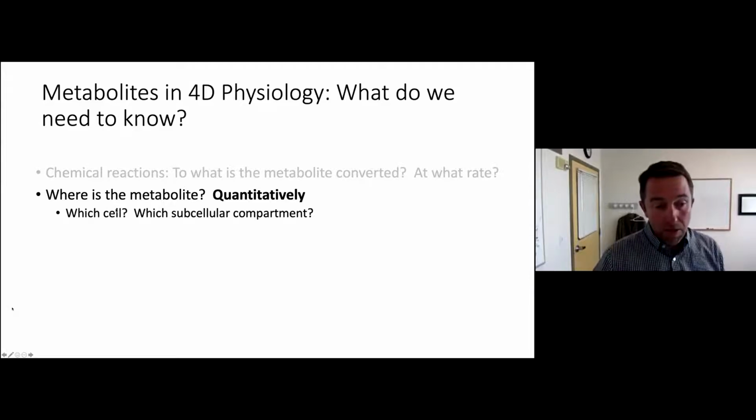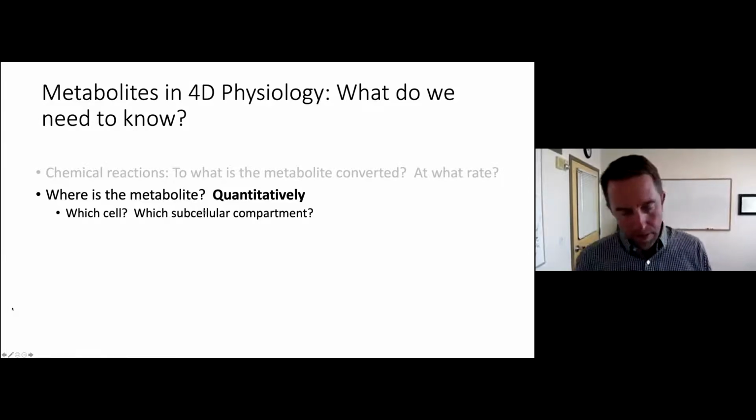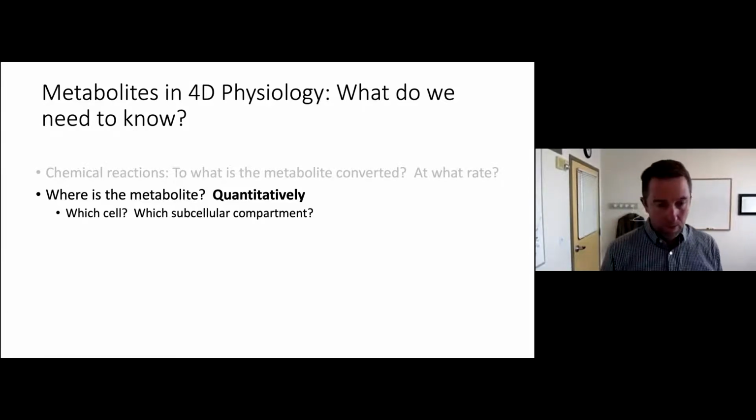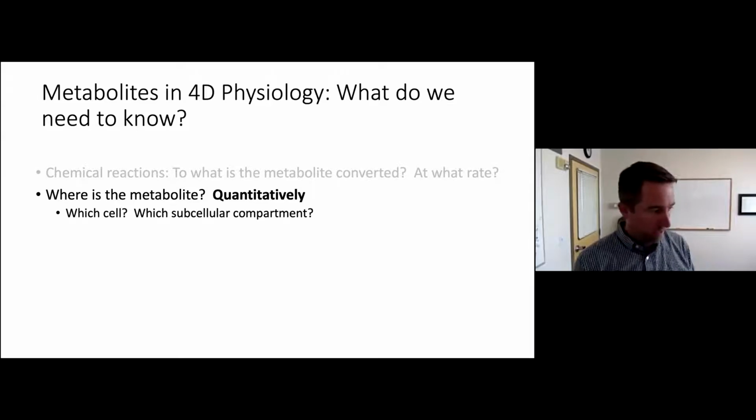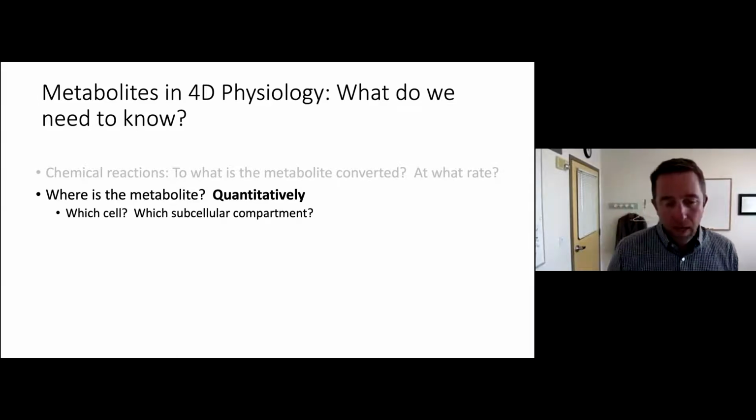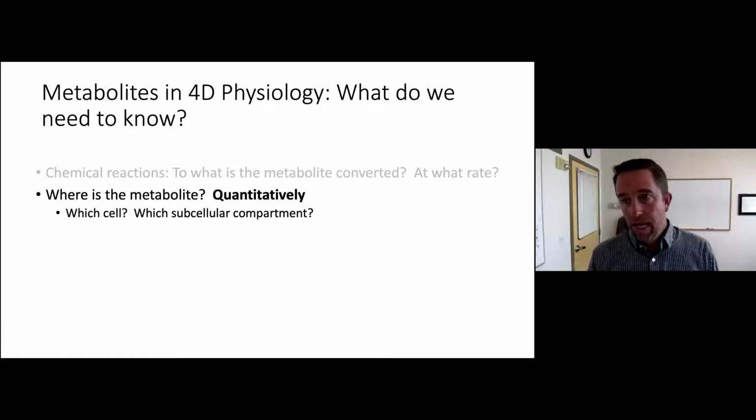But I think we also need to understand this at the level of single cell resolution, and even at the resolution of individual compartments within cells, individual organelles, for example. I think we all recognize the fact that NADH in the cytosol and NADH in the mitochondria means something very, very different. And we need to understand the abundance of those to truly understand how the cell's behaving.